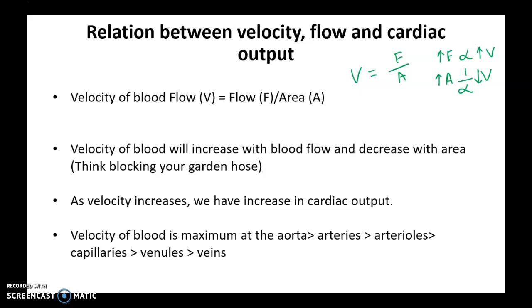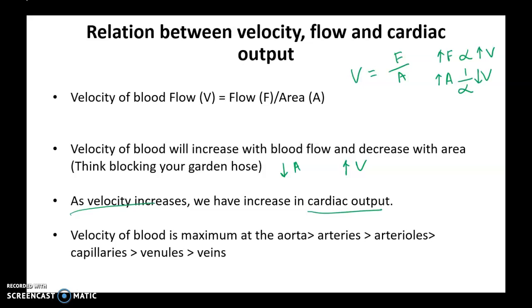My point is, if you decrease area, that will increase velocity or flow. So there is this inverse relationship between area and velocity, and there is a positive correlation between flow and velocity. So as velocity increases, we have an increase in cardiac output. Know this.